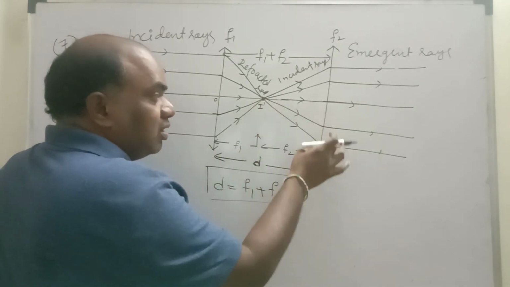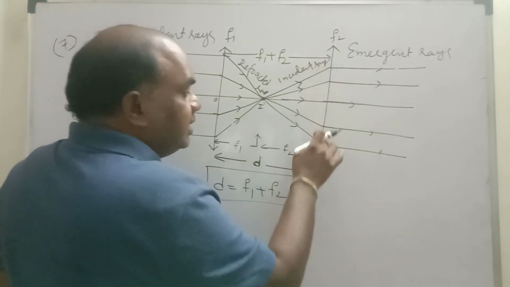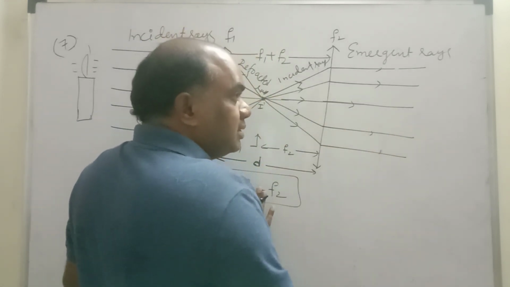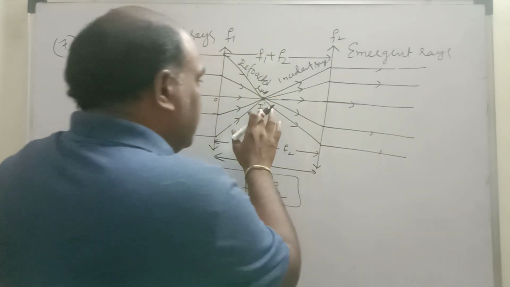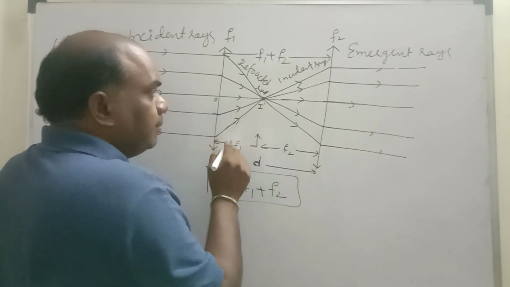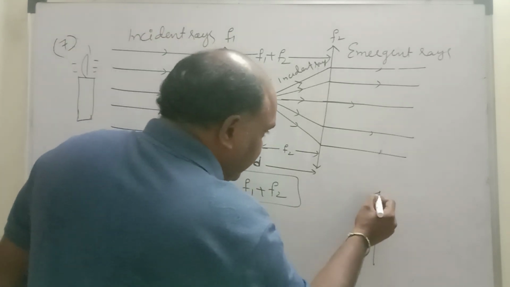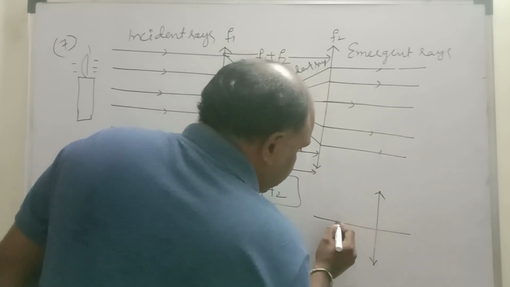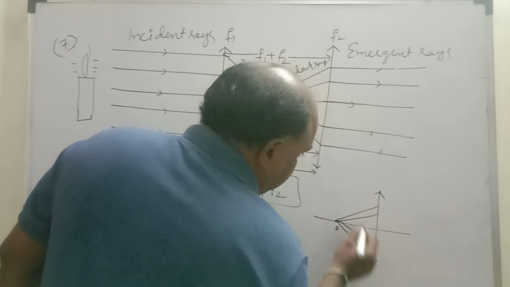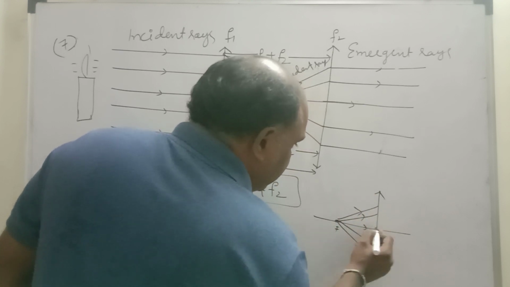This image acts as the object for the second lens. So all incident rays fall on the lens, and after refraction again move parallel to the principal axis. We know the rule: if a point object is placed at the principal focus, all incident rays after refraction move parallel to the principal axis.